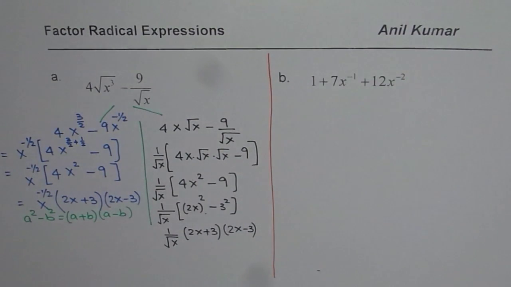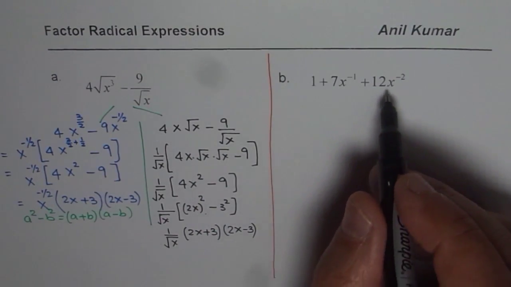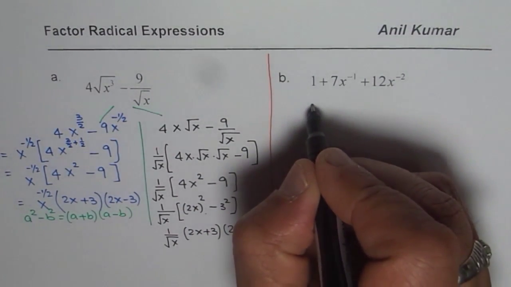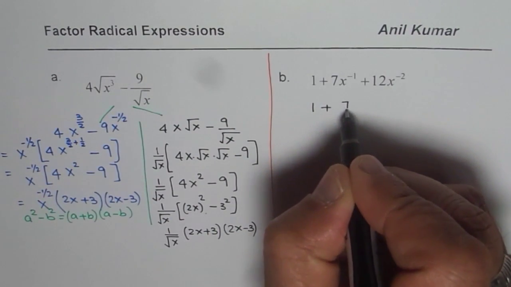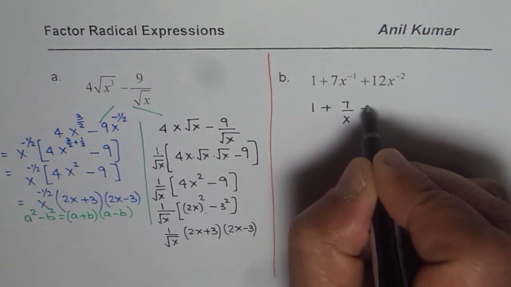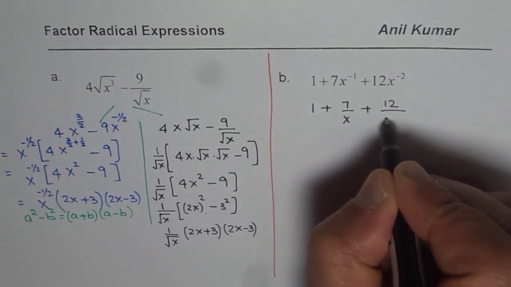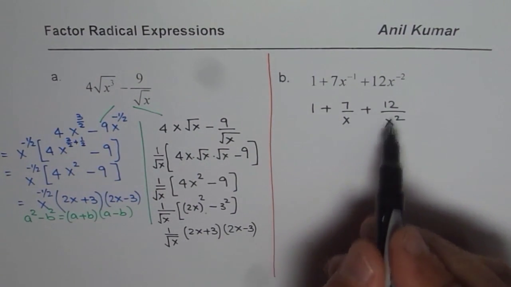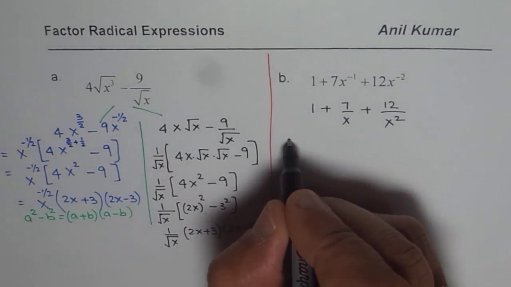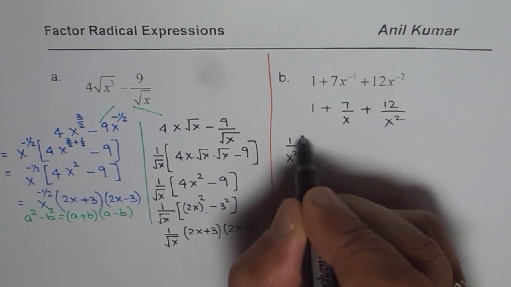Now let us see the other part. 1 plus 7 x to the power of minus 1 plus 12 x to the power of minus 2. So I could write this as 1 plus 7 over x, right? Plus 12 over x squared. Now I can factor 1 over x squared out. So what do I get?